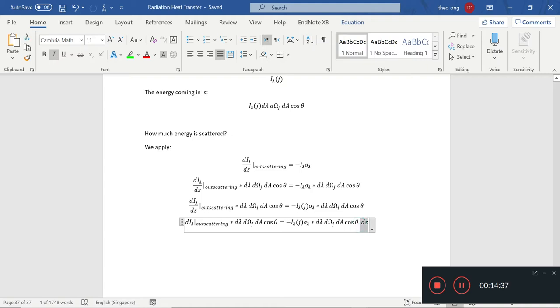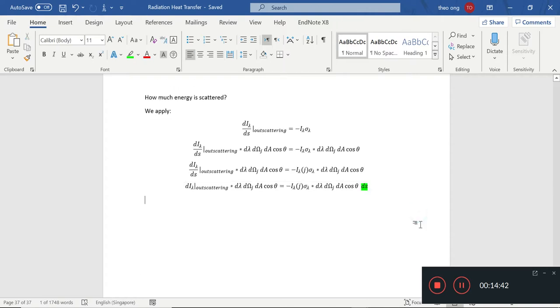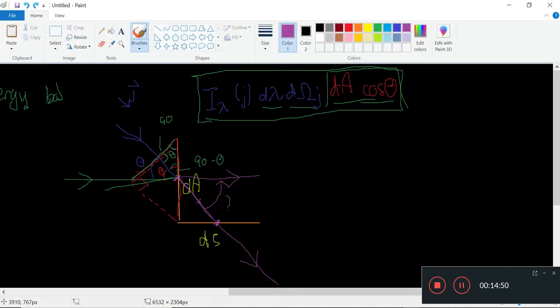So let me just put a highlight here. ds, remember, in the context of this equation, is the length which this ray actually travels through. When it travels through this little control volume, it does not travel this full length, this yellow colored ds here. It actually travels slightly shorter than that. So how long does it travel?